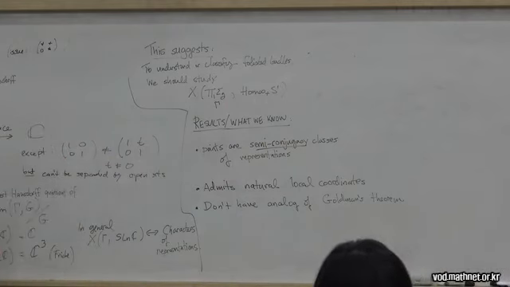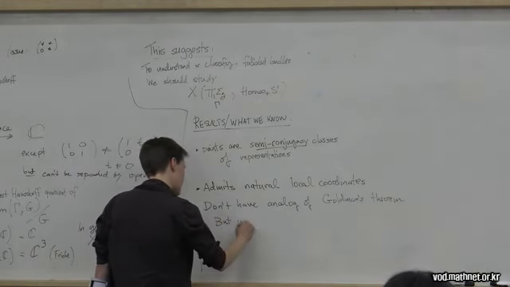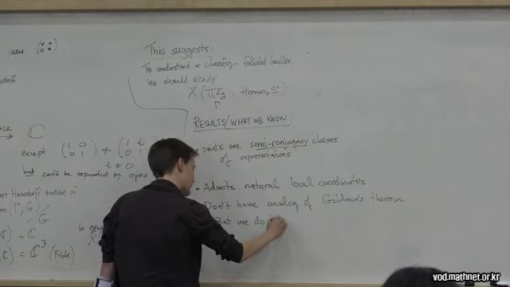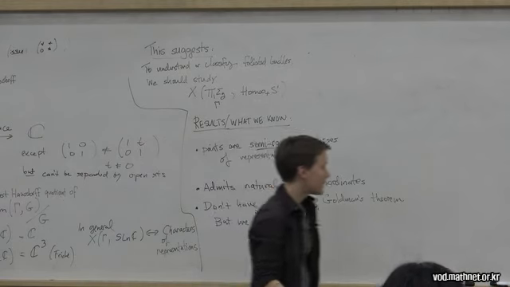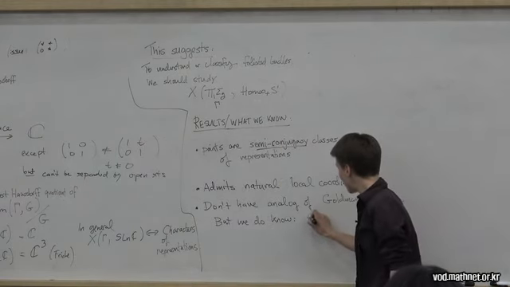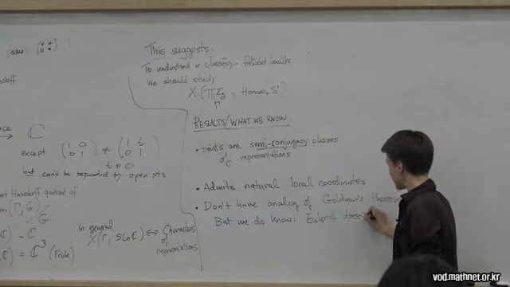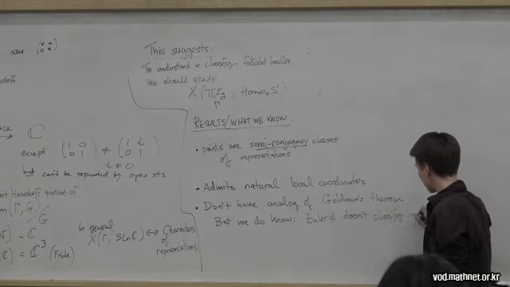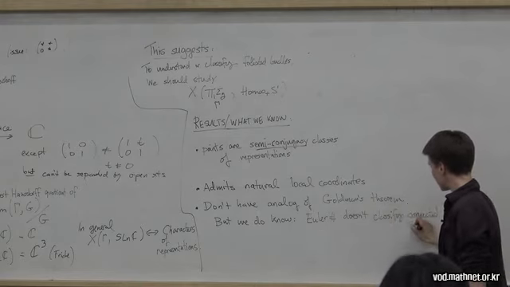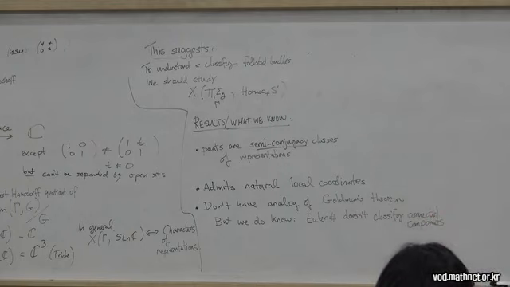But we know a few things at least. We do know the picture is much richer. Okay, so the Euler number doesn't classify connected components. There are lots and lots and lots more examples.